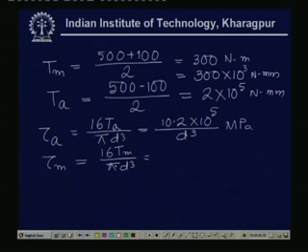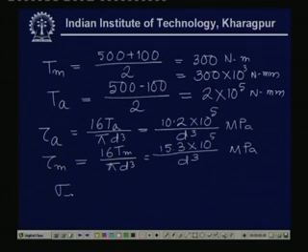Pi d cube, this comes out to be something like that as 15.3 into 10 to the power 5 by d cube megapascals. So, what we will be doing, that in this case sigma, oh sorry, this is not sigma, this will be your shear stress.